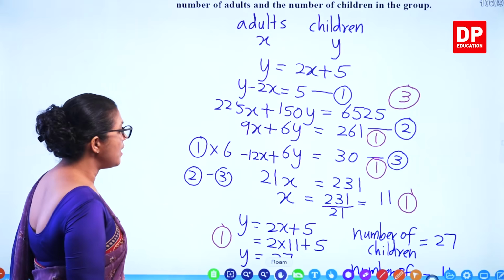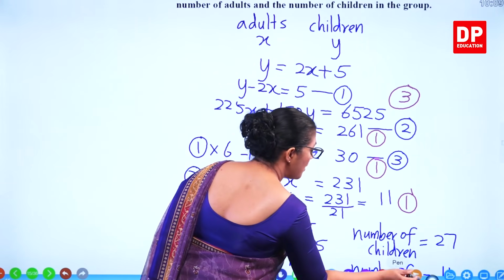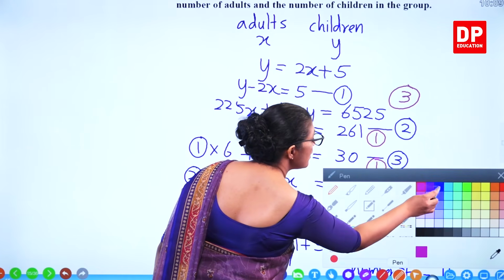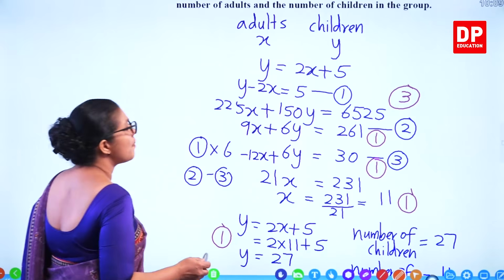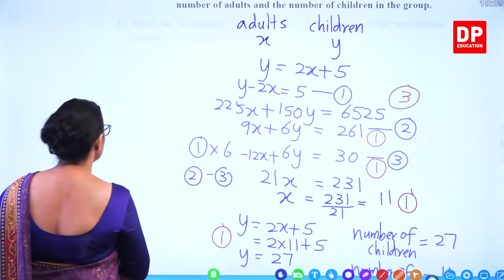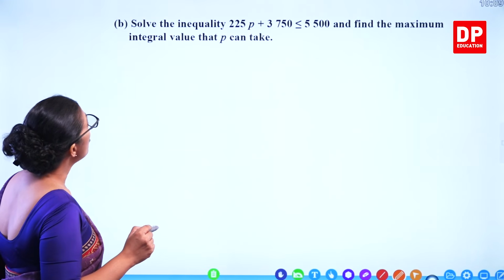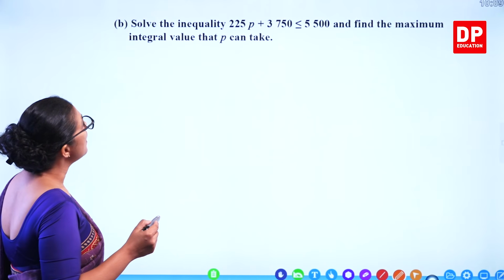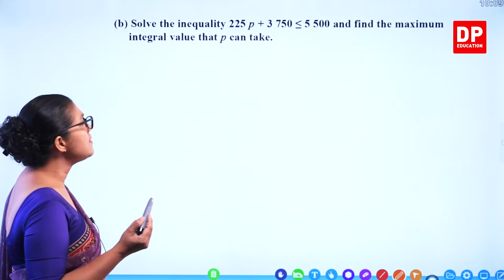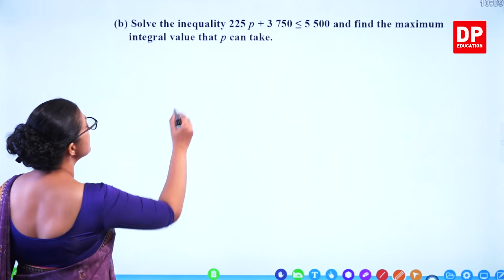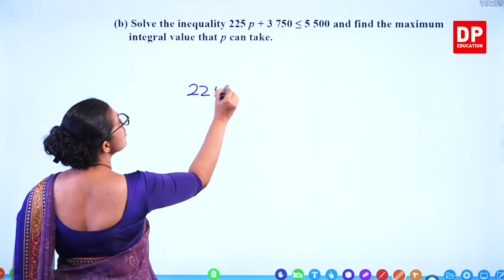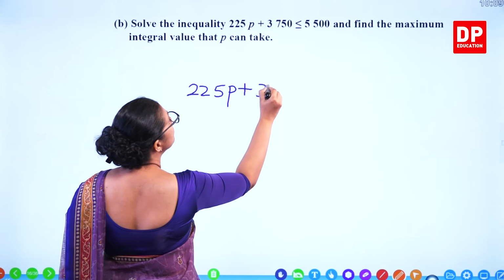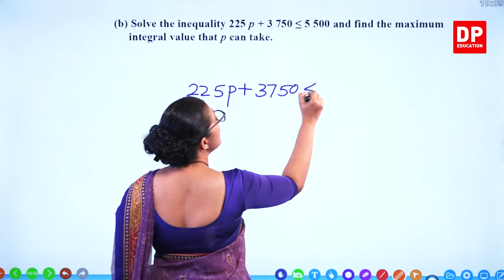So we'll see how many marks now. 7 marks here and 3 marks for the next part. Part B, solve the inequality and find the maximum integral value that P can take. Integral means integer, the whole number. So take the equation and solve.